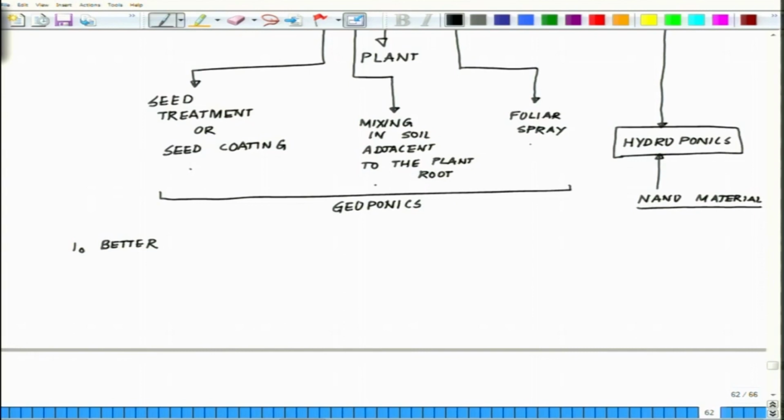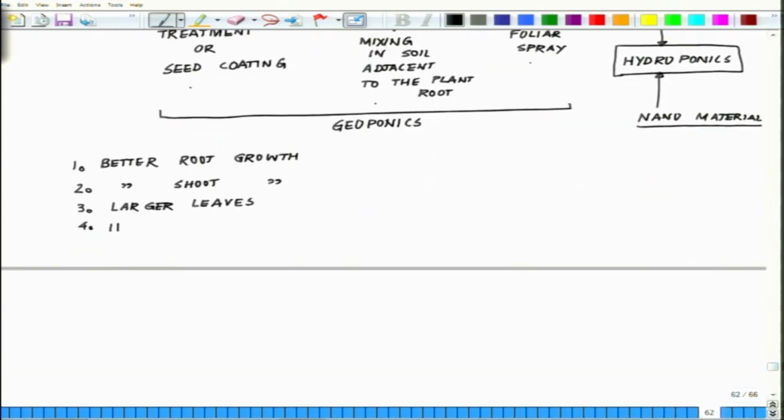But overall what we are observing is better root growth, better shoot growth, larger leaves, then higher rate of photosynthesis, and higher concentration of certain minerals, not all, but certain minerals.